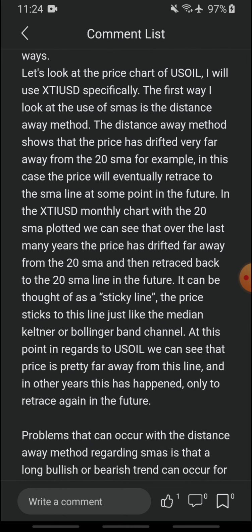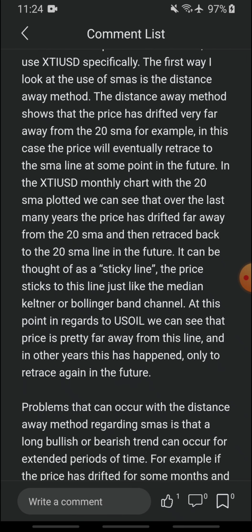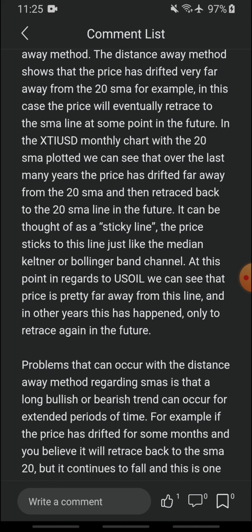The distance away method shows that the price has drifted very far away from, for example, the SMA 20. So if you're looking at Bitcoin, or in this case it's oil. The chart ticker is XTI USD, that should be US oil against the US dollar.